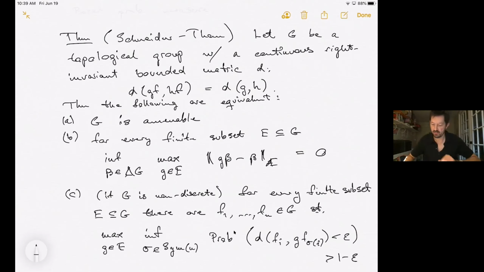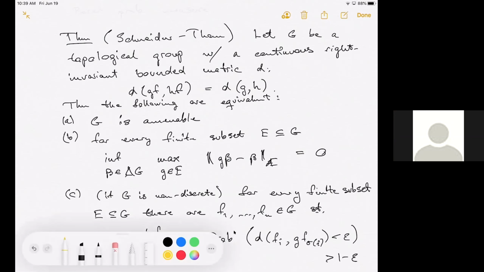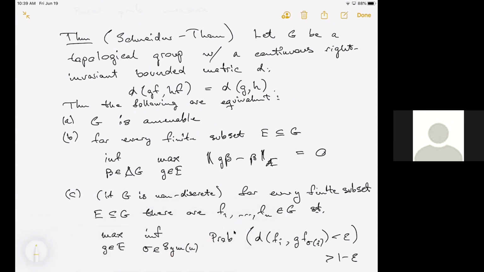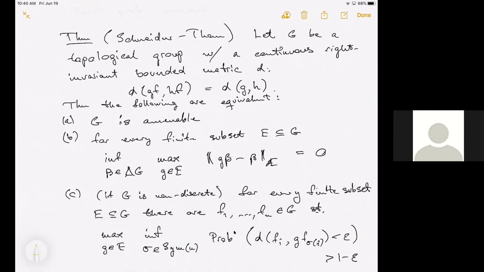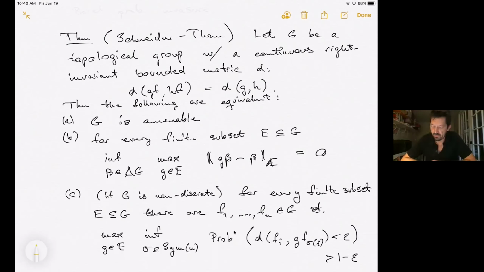Okay, so what... may I ask a question? Do you know if there is a nice reformulation of B and C if you replace A by G being extremely amenable? Yes, but it's a bit complex.